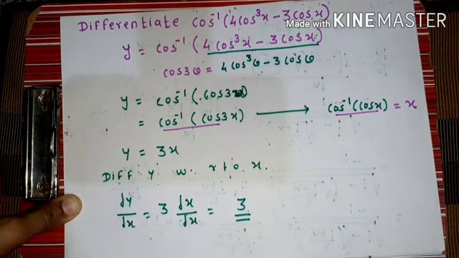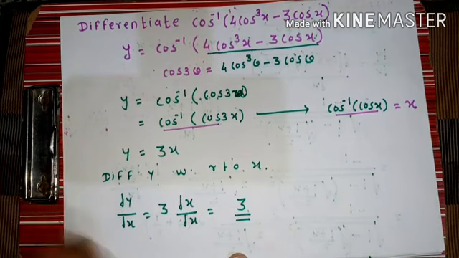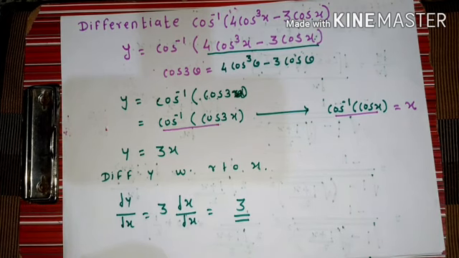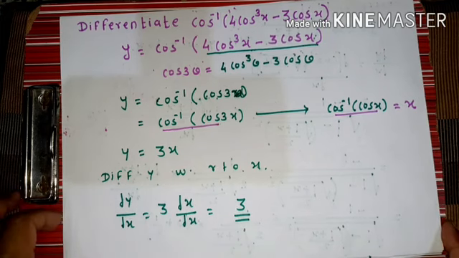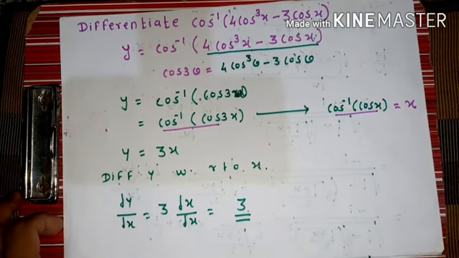In this way, we have differentiated the given function, and in the next video we will solve a number of examples like this. Okay, if you have any difficulty then ask me. Okay, thank you.